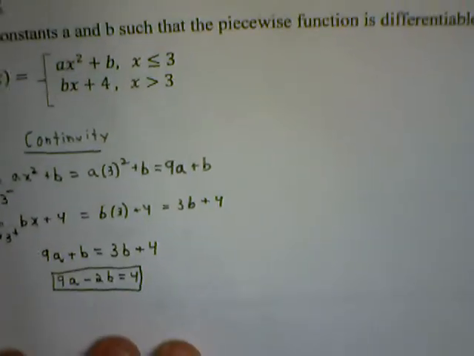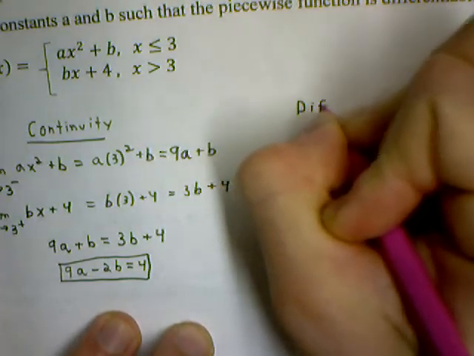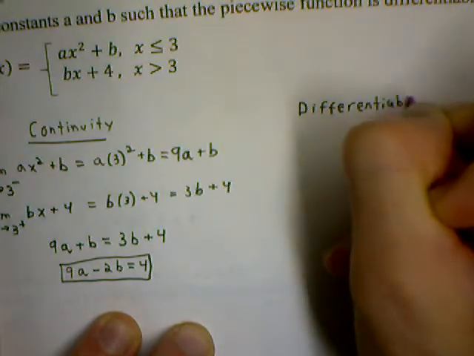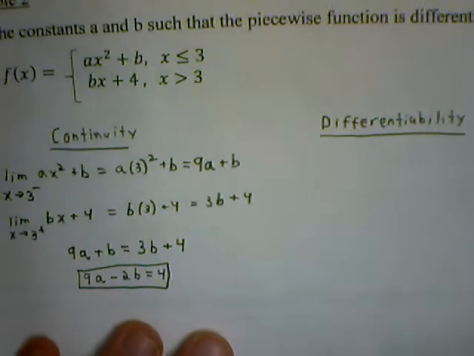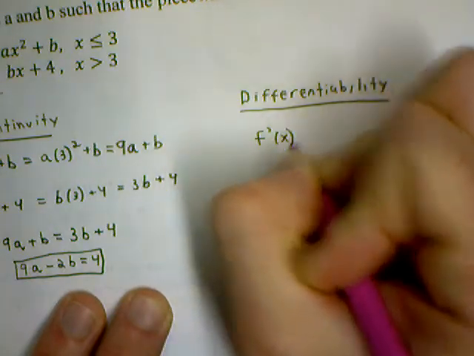Now, first thing, we check the continuity. Next, I'm going to check the differentiability. First thing I need to do is actually take the derivative. So f prime of x.